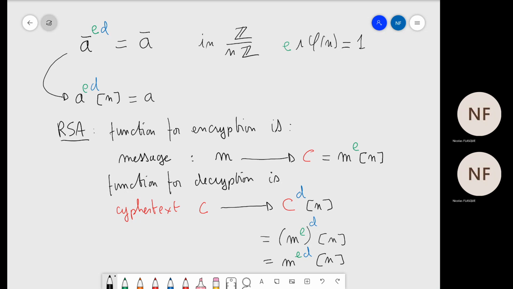modulo N. And actually, if you look just on top of the page, the properties that we've established if E and D are well chosen here. So if E is coprime with phi of n and D obtained with the Bezout's identity, what we'll get is that from this decryption step, we get the original message.